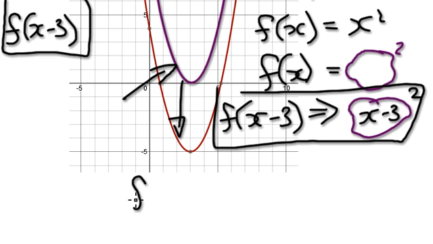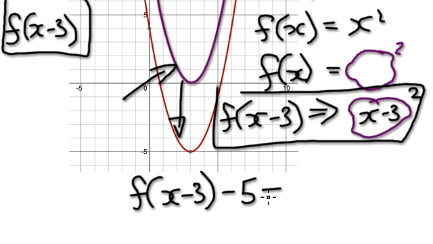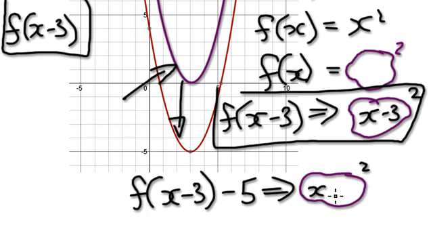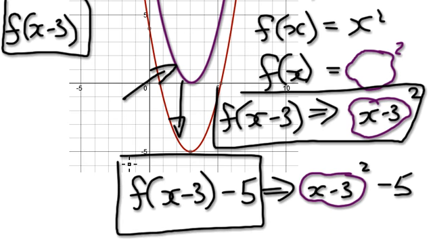Moving it down by 5, we are in effect doing this: x minus 3, and then minus 5. So at the moment we've got a bubble here, squared, and then we've got a minus 5 here. If you look at this, this bit here is saying move it to the right by 3, and this bit here is saying move it down by 5.